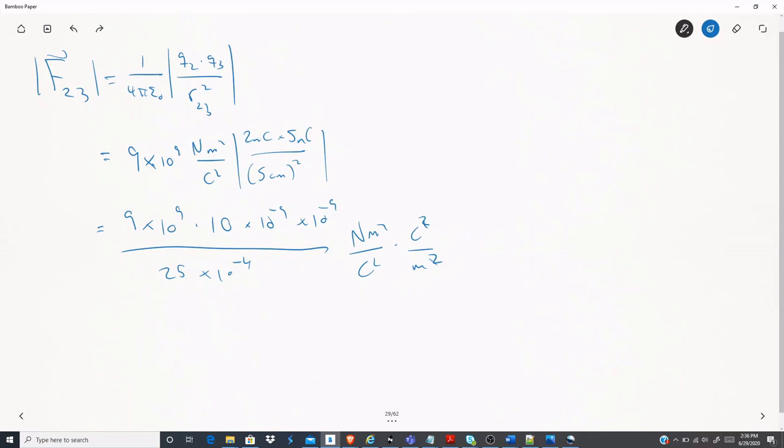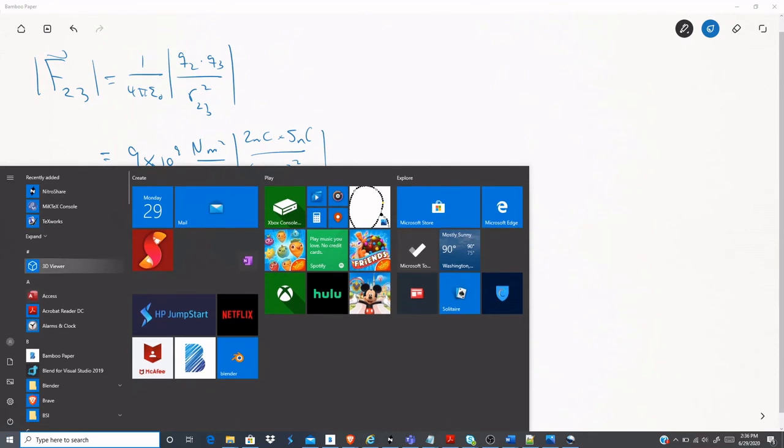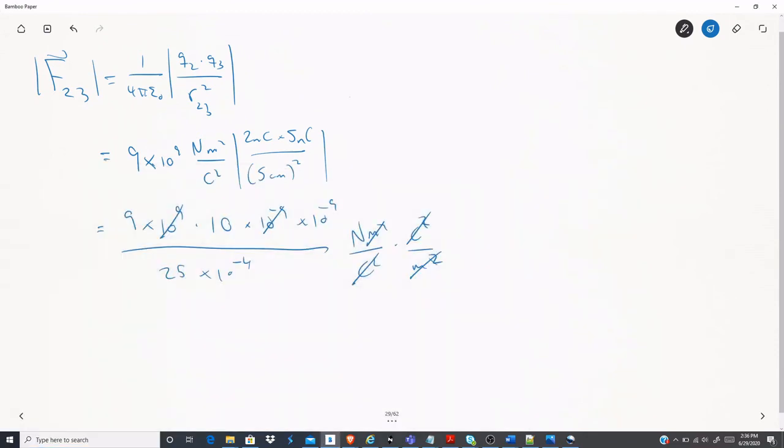Okay. So, going through this, the coulomb squared cancels the coulomb squared, the meter squared cancels the meter squared, leaving units of newtons. This 10 to the 9 cancels that 10 to the negative 9. So I've got to work out 9 divided by 25. Actually, I can just do that here. So 9 over 25. If I multiply the top and bottom of that by 4, I'll have the same fraction, and that's going to be 36 over 100. So this is 0.36.